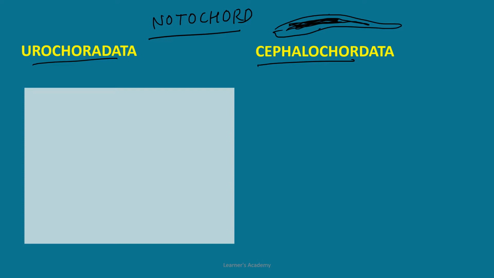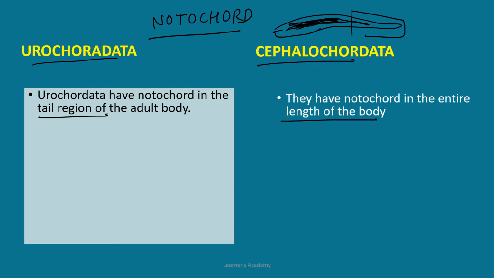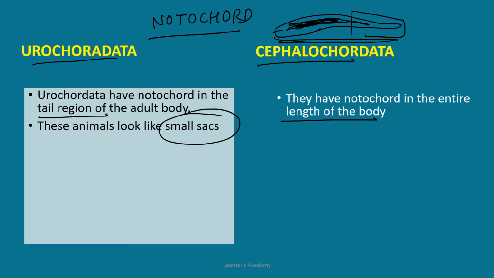So, urochordata have a notochord in the tail region of an adult body, whereas cephalochordata have a notochord in the entire length of the body. Not in the tail, in the entire length of the body. Urochordata look like small sacs, alright, whereas cephalochordata look like small fish.